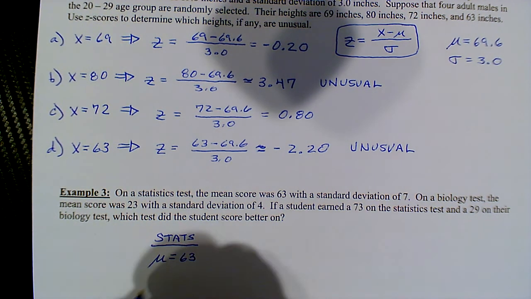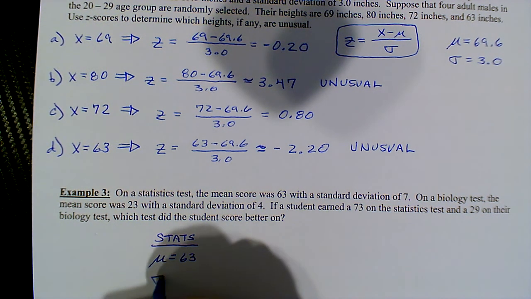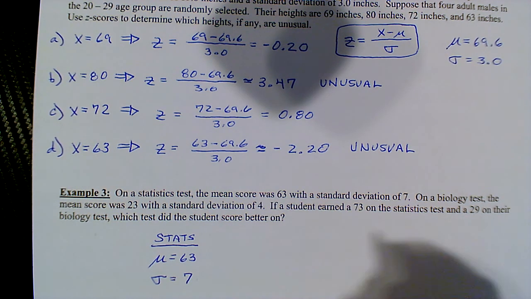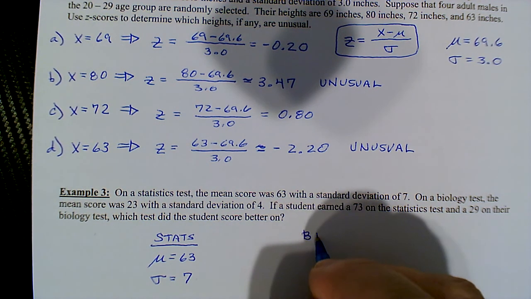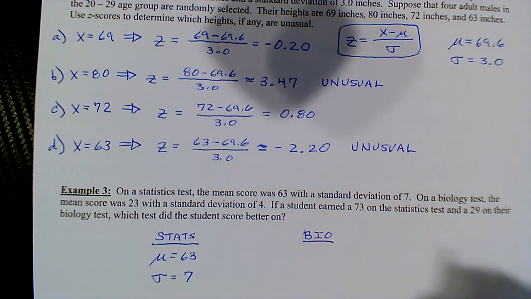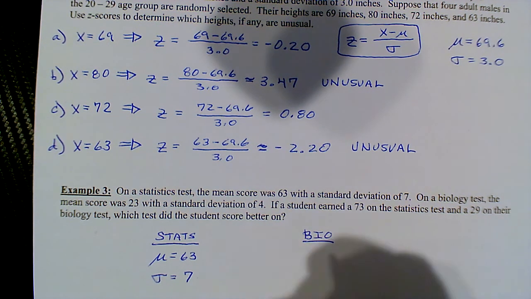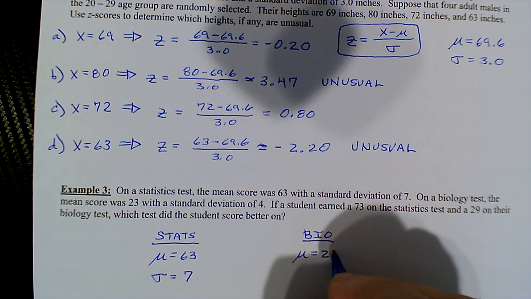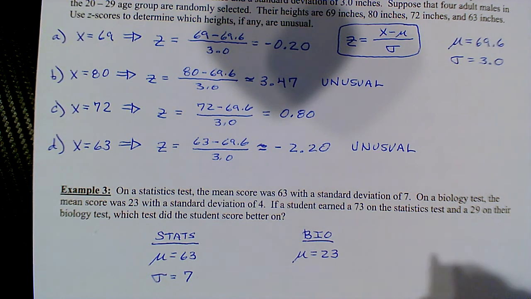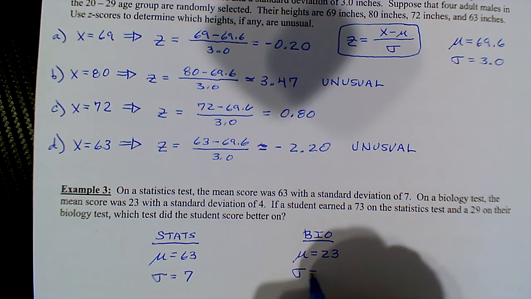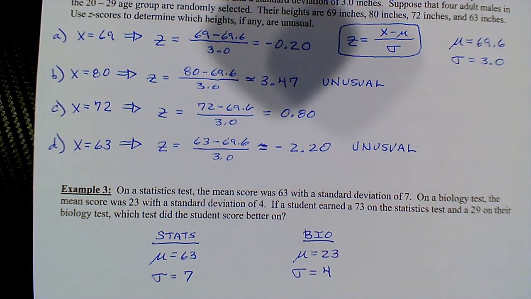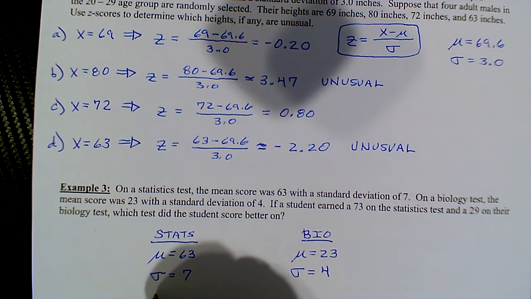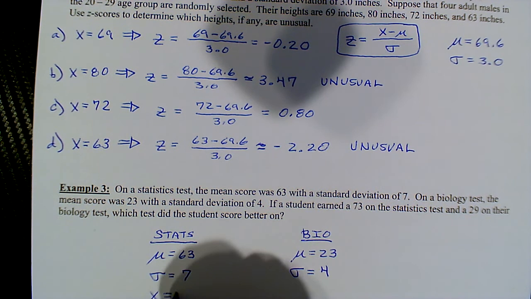And then they took a biology test. And on the biology test, the mean was 23, and the standard deviation is 4. Now they scored a 73 on the statistics test, so x is 73, and a 29 on their biology test, so x is 29.